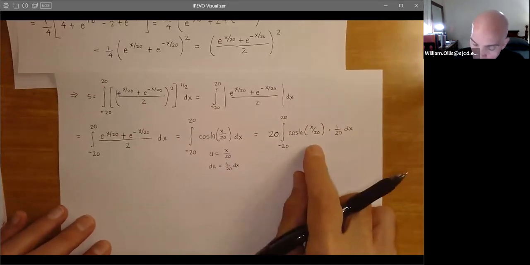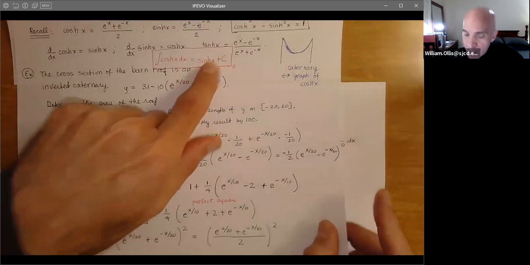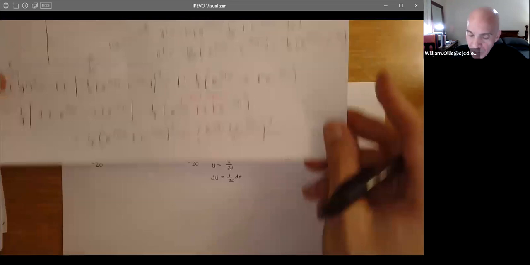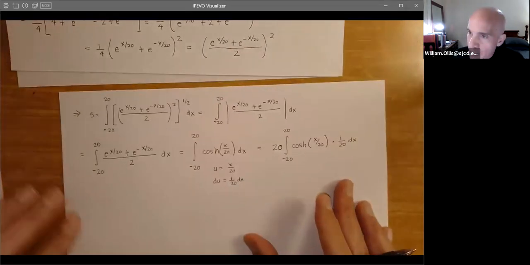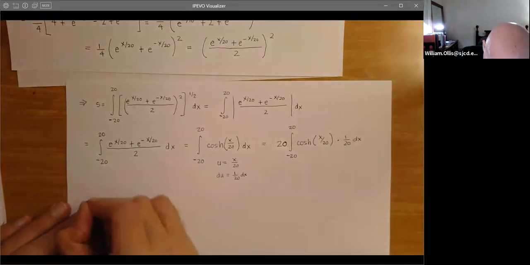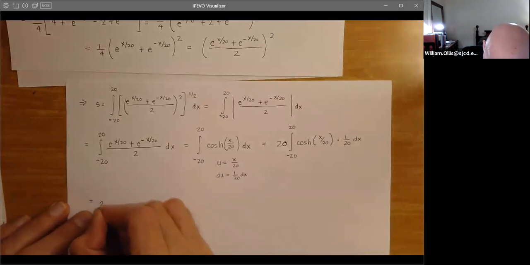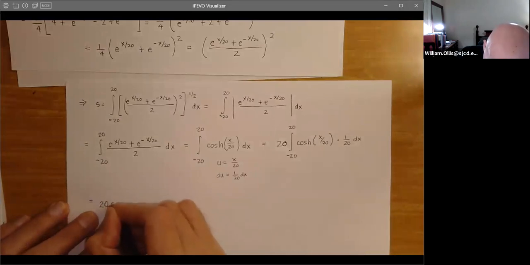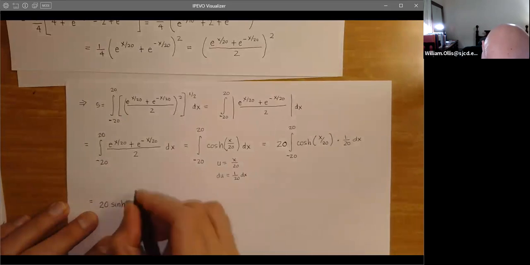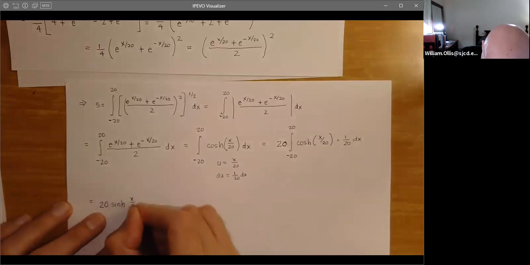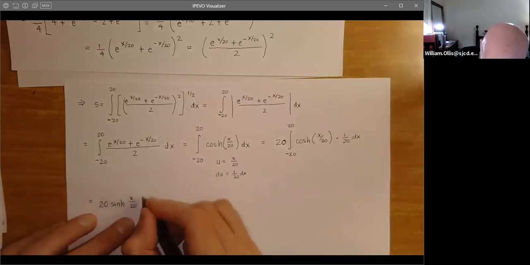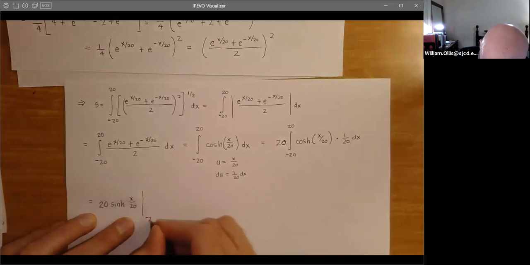So now, using this formula, we have the hyperbolic sine, and then we know the formula for it, and we can fill it in. So that'll give us practice using the formula. So now this will give us 20 hyperbolic sine of x over 20 evaluated from negative 20 to 20.